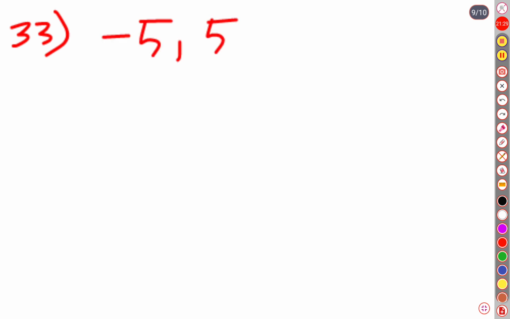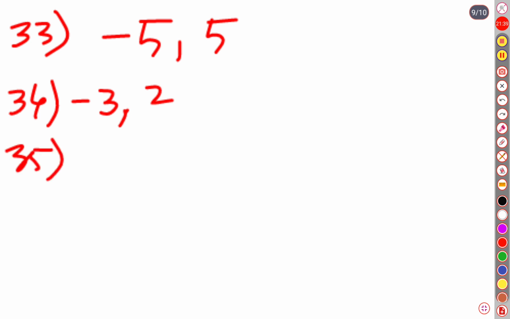The second coordinates are minus 3, minus 2. Then the third coordinate is minus 3, 2. Last one is negative 1, 2. So negative 1 as well as 2.